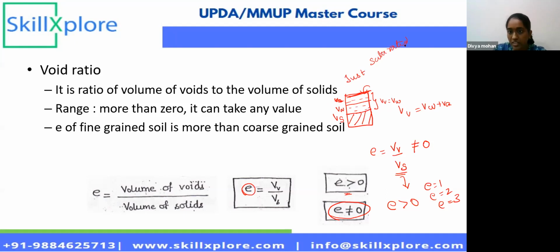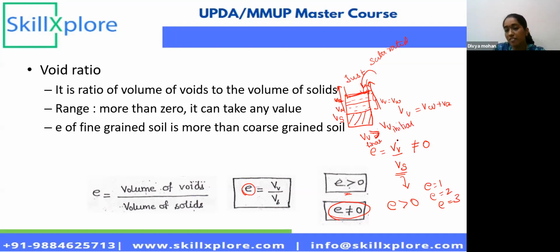Even after getting saturated, if you keep adding water into it, Vs will be the same, but this Vw will increase. So Vv will increase. The final Vv will be very much greater than the initial Vv.